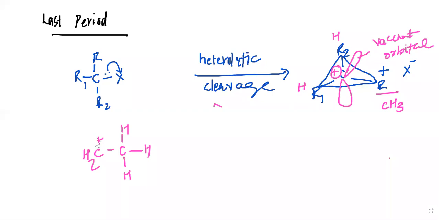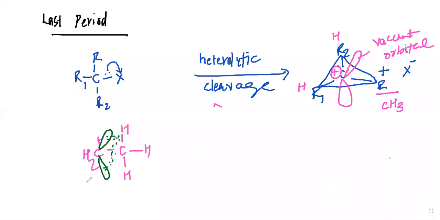Now what happens, my dear students, is that you have an orbital here. Let me show you this orbital, which is vacant and available over here. Now you have these two electrons in the bond of C and H. They are going to be shared with this vacant p orbital.